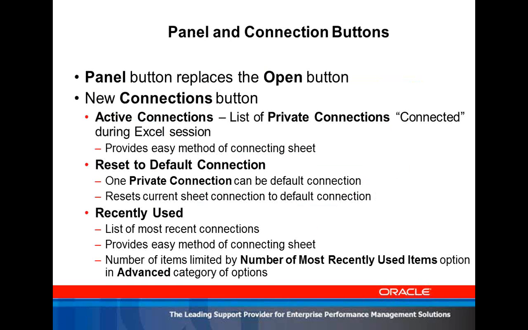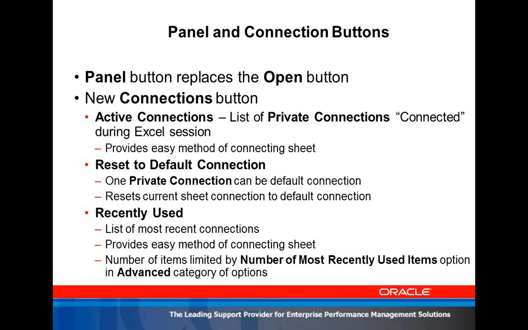All right. Onward to something that you're going to use more often, presumably, is the panel button. There used to be a button on the SmartView ribbon that said Open. Now it says Panel. And there's also next to the Panel button a new Connections button, which has in it actually 4 items. I'm only going to talk about 3 of them here.